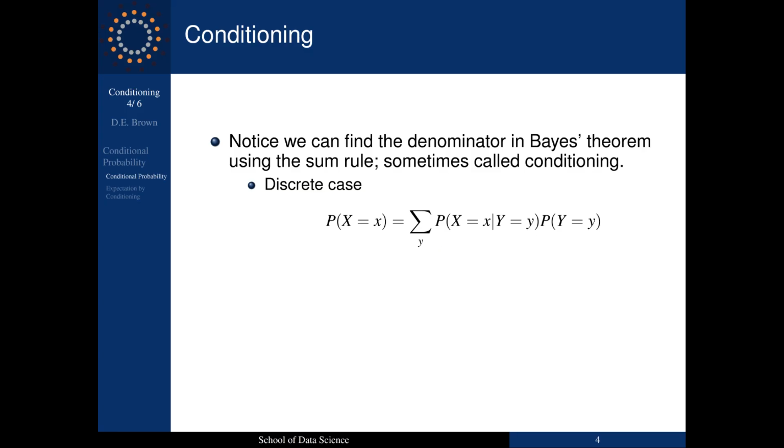We look over all possible values for Y for the likelihood of seeing those values of X, and then we multiply that by the probability of seeing those values for Y. And this is, of course, the discrete case. In the continuous case, we replace the summation with an integral, and we replace the probability mass function with a probability density function.